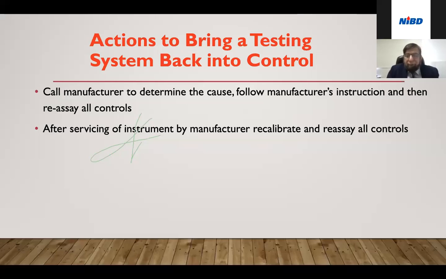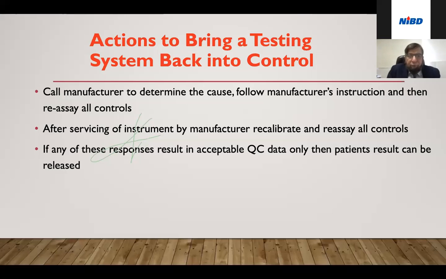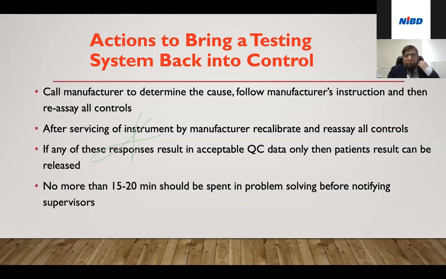Usually they say that if you're using third party control, your control material is not good, then you have to check this point by using controls from other manufacturers. If any of these responses result in acceptable QC data, only then patient results can be released. It's very important: if the QC data comes within the control limits, only then patient results should be dished out.